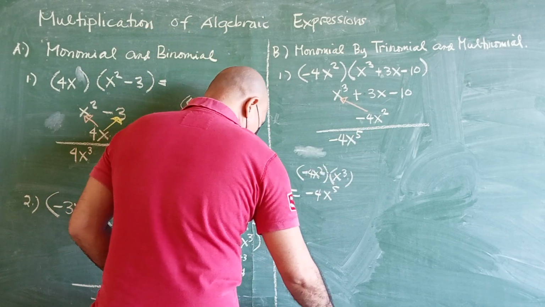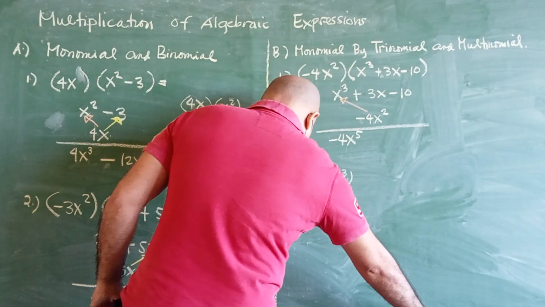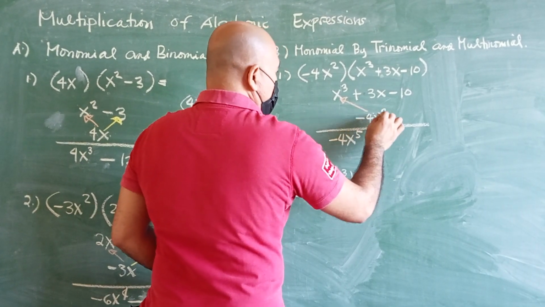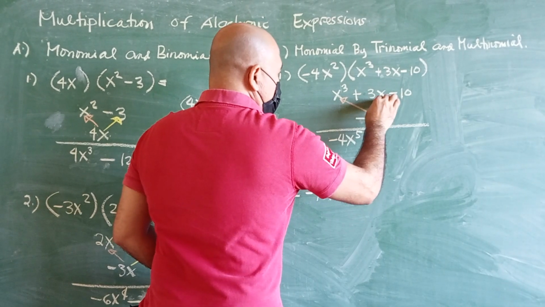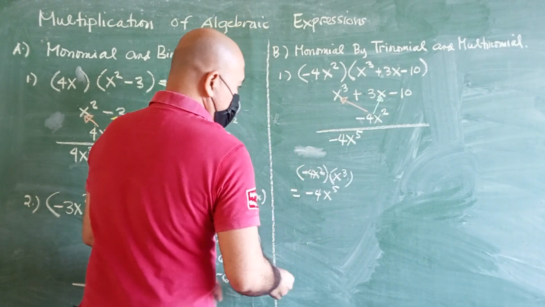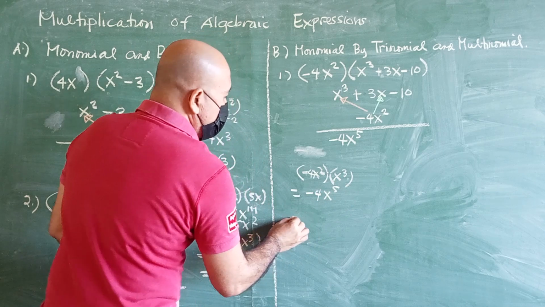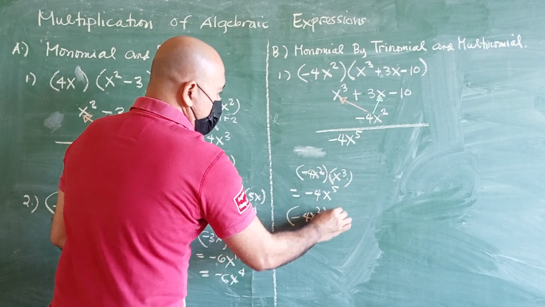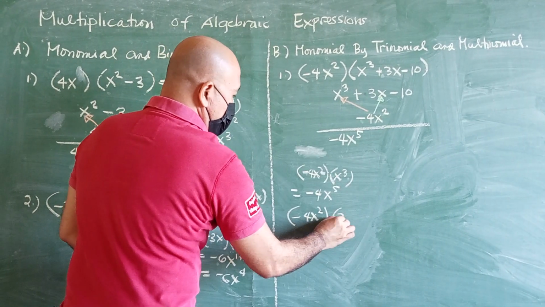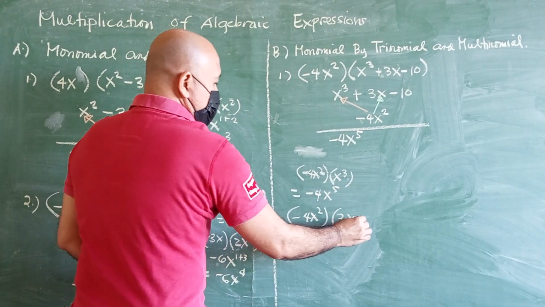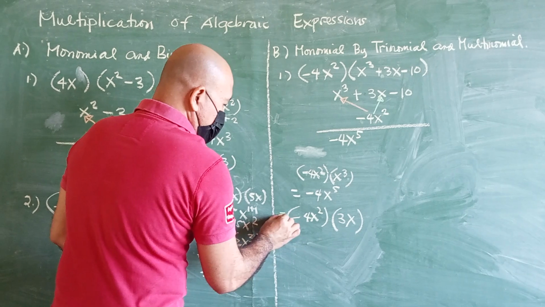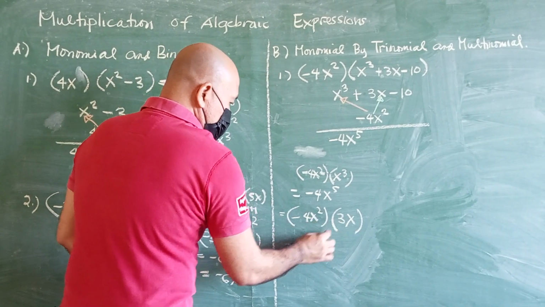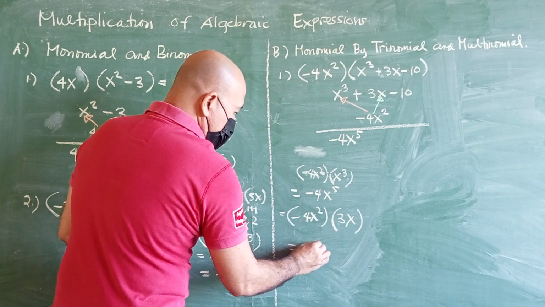And the next one is multiply negative 4x squared to the second term. That is negative 4x squared times 3x. So the result is negative 4 times 3, that is equal to negative 12.